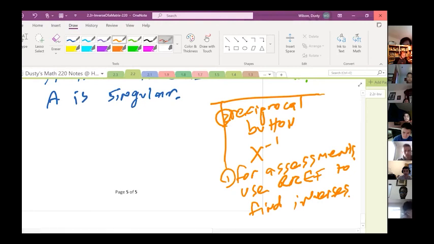And what I'm saying is for the assessments, I want you to use this first method. It's going to give you the same answer. So if you're doing your homework, using that second version can save you a little bit of time, and I have no qualms about you doing it to save yourself a little bit of time. But I want you to use the RREF because it reminds you of what's happening and what's going on. It's not just a magic button.